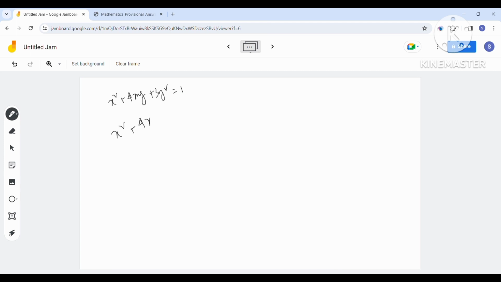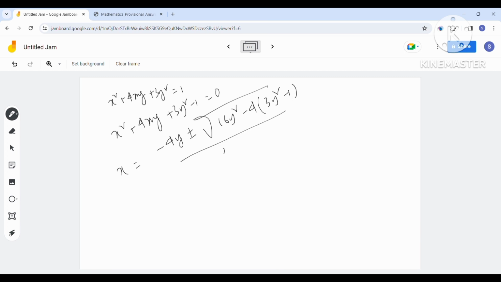That means x square plus 4xy plus 3y square minus 1 is 0. Means x equals minus 4y plus minus the square root of 16y square minus 4 into 3y square minus 1, divided by 2, using the Sridhar Acharya formula. You get minus 4y plus minus 4y square plus 4 under the root, divided by 2.